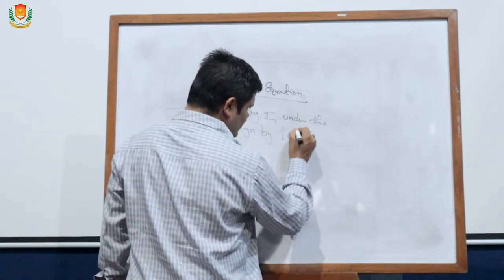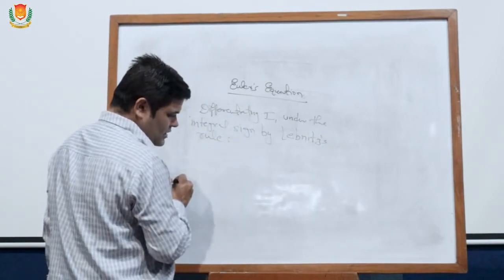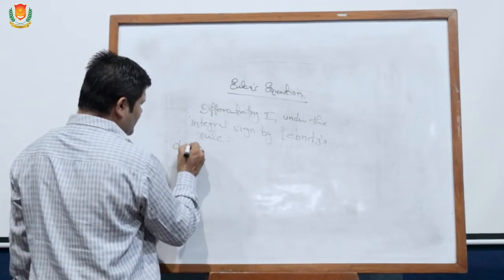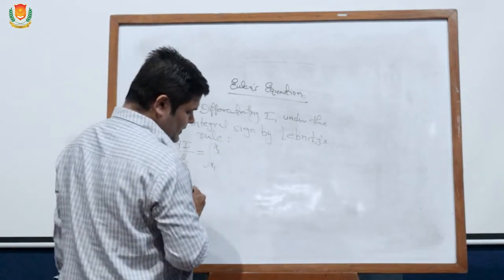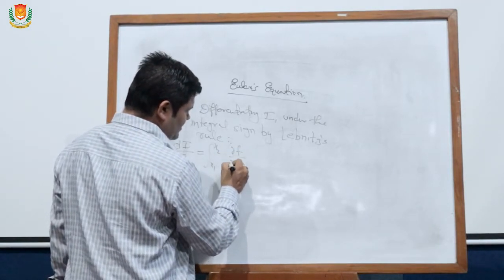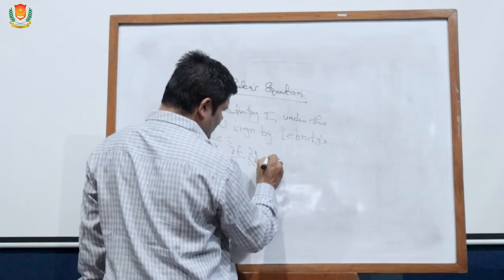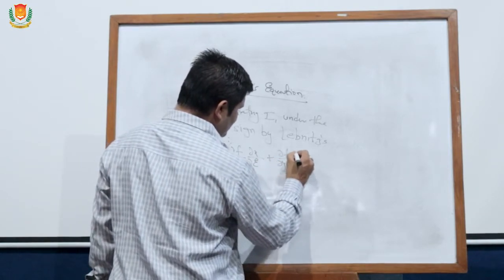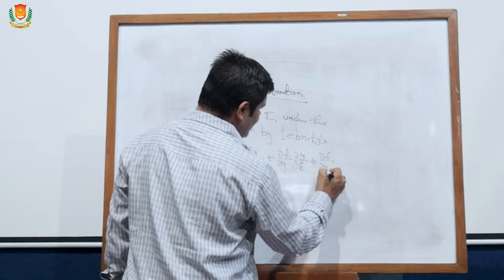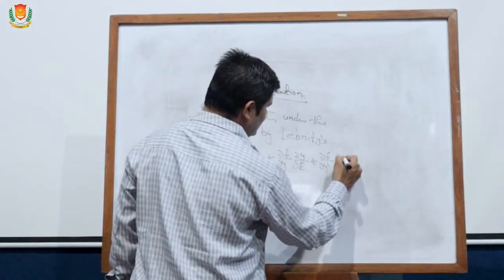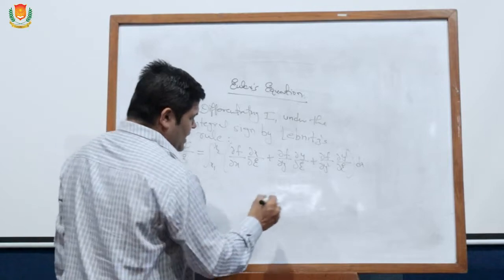By the Leibniz rule, dI upon d epsilon equals integration x1 to x2 of del f upon del x times del x upon del epsilon, plus del f upon del y times del y upon del epsilon, plus del f upon del y dash times del y dash upon del epsilon, dx, and we mark it as equation number 4.